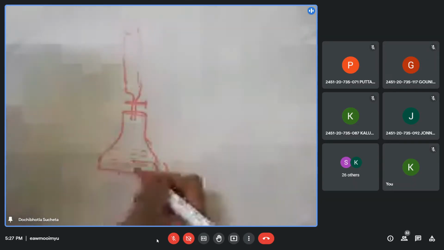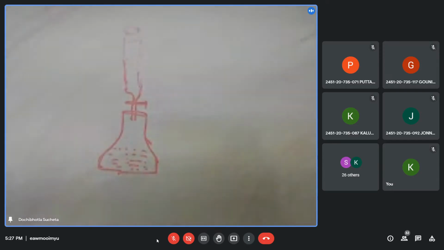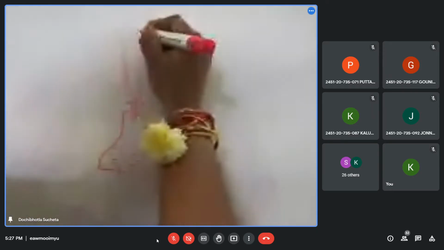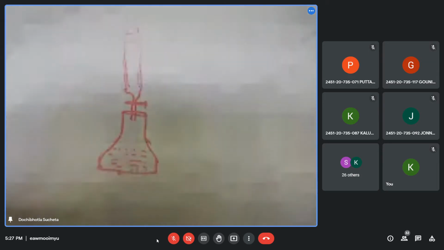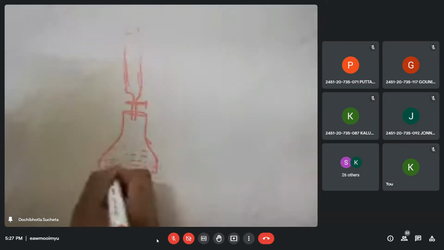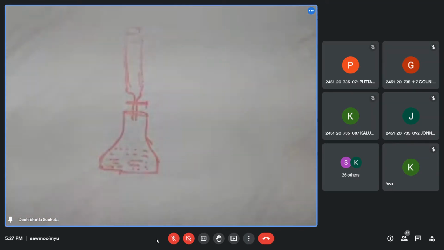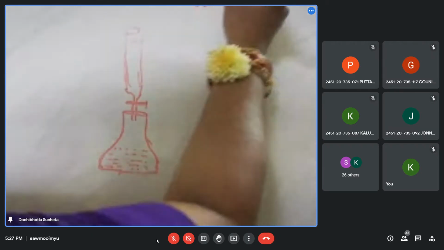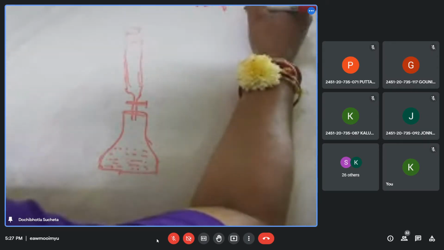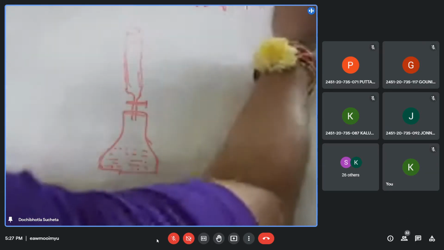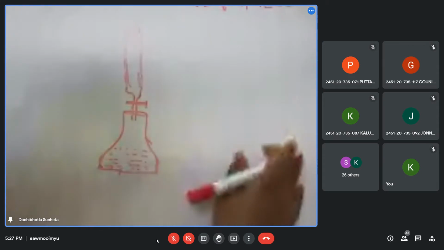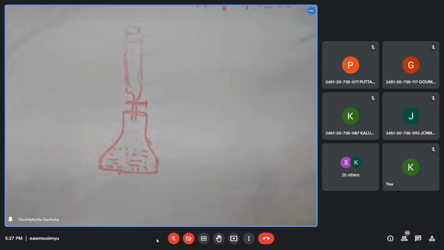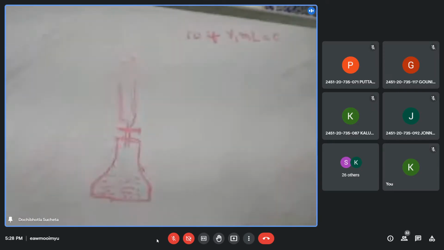కలర్లెస్ ఉంది అంటే what is the ion which can't be detected by phenolphthalein indicator? Bicarbonate. Bicarbonate, correct? Okay, so if I'm talking the first combination, if V1 ml is equal to 0, the first option, are you able to see the board?